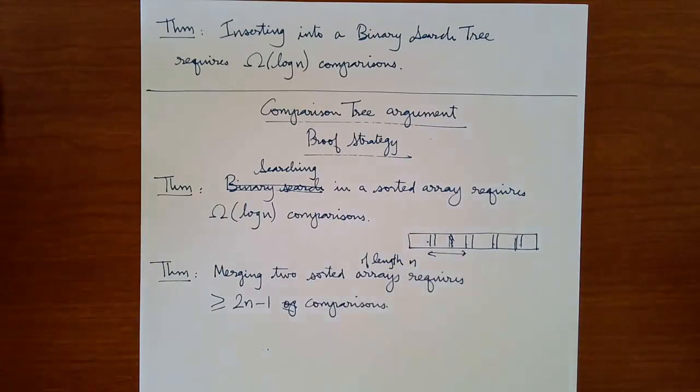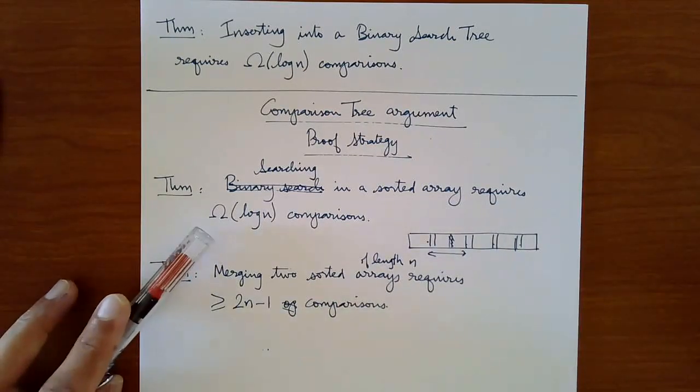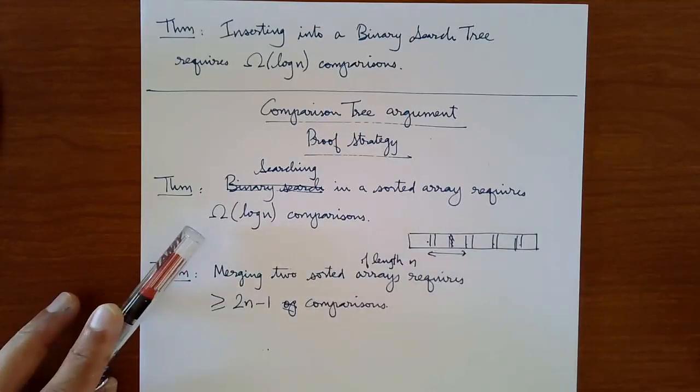Would log n be considered the lower bound if, let's say, you got lucky and binary search found the target in less than log n comparisons? Well, wouldn't that make log n actually an upper bound because that's the worst case amount? Okay, so the point is, what does omega log n mean? It means omega log n in the worst case.